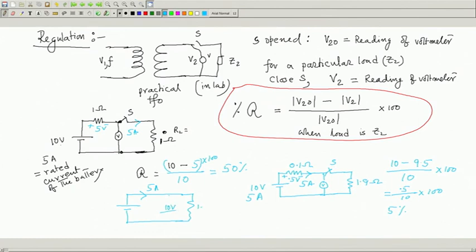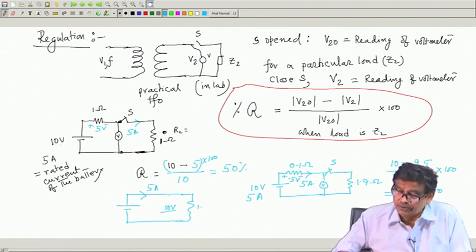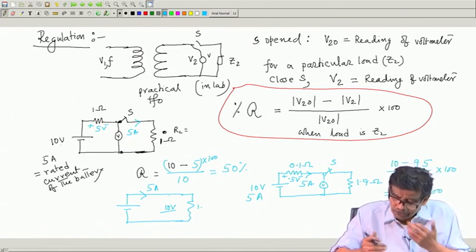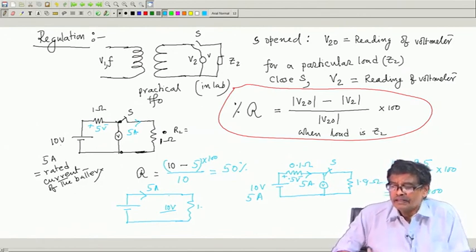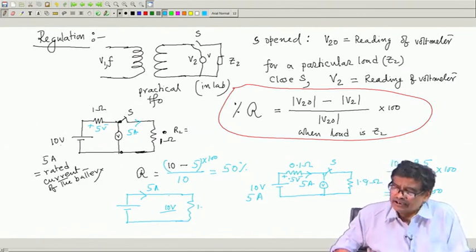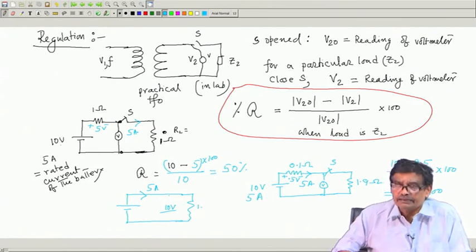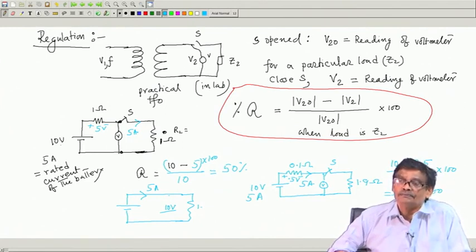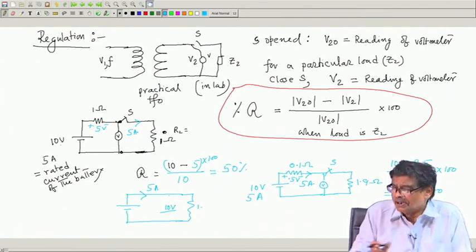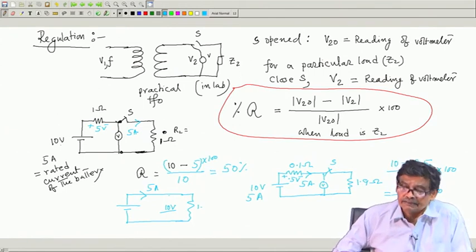Okay, we will address to this problem whether it is better to have a source having 0 internal impedance or not, that is another thing to be discussed. But it looks like that from no load to full load, if at all a change takes place in the magnitude of the voltage across the load, that should be small, so that it can maintain voltage there.